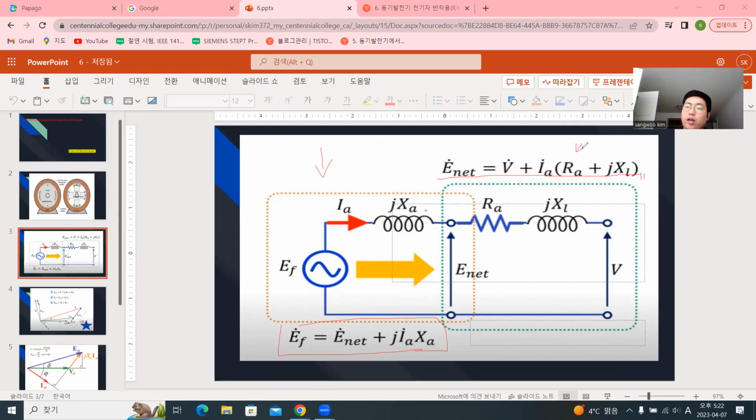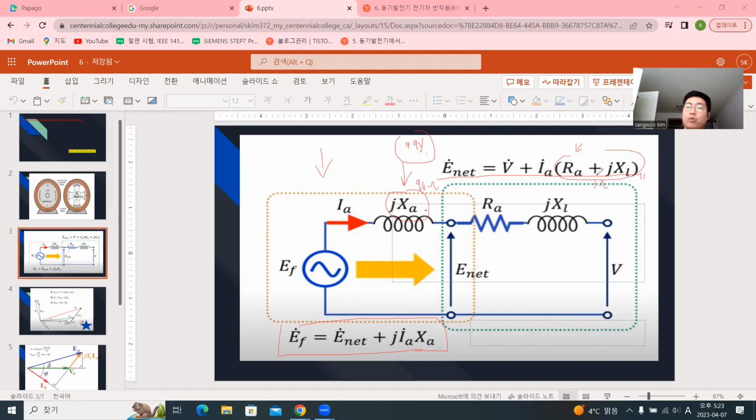This is the copper resistance and the leakage reactance. And this jX_A is the armature reactance. Its magnitude is about 99%, almost all of the value. For example, this is 90 ohm and this is 1 ohm.